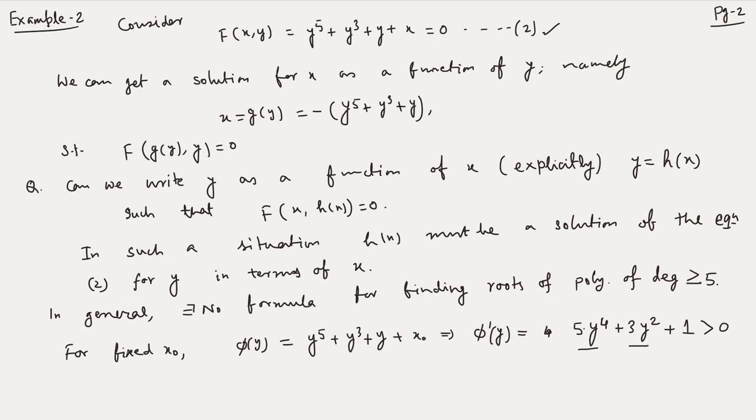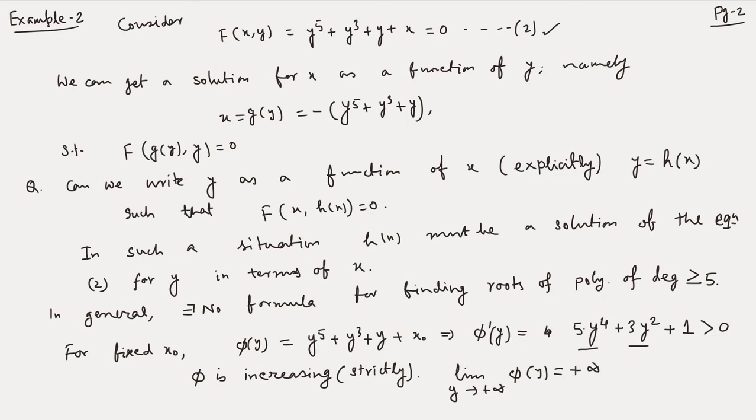That is why phi is monotonically increasing, and this is strictly increasing.